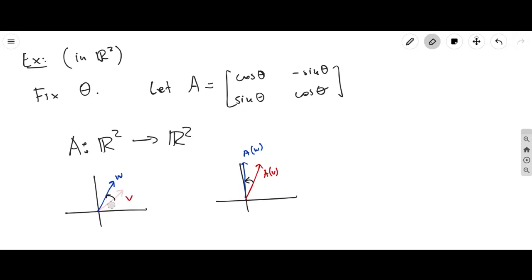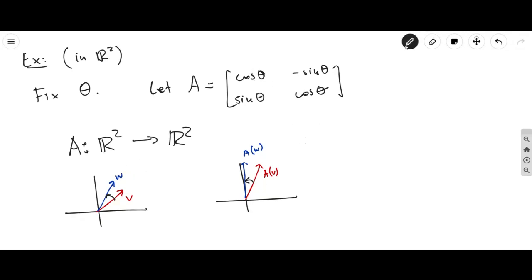If you put the edge of your right hand on V and you curl your fingers towards W, then your thumb points towards you. And the same thing over here. If you put the edge of your right hand over here, and you curl your fingers to the blue vector, the thumb points towards you. So the orientation is the same.